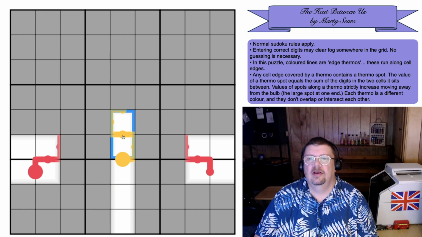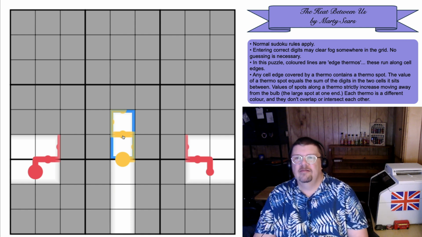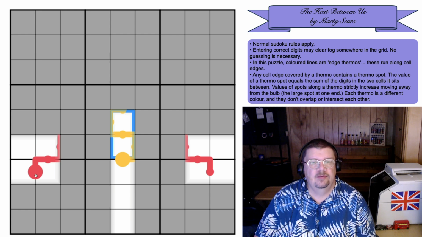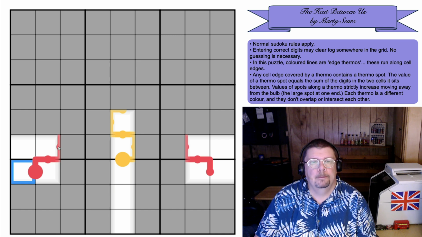Values of spots along a thermo strictly increase moving away from the bulb. What that means is that this bulb here must have a value less than that one, and a value less than that one, and so on.